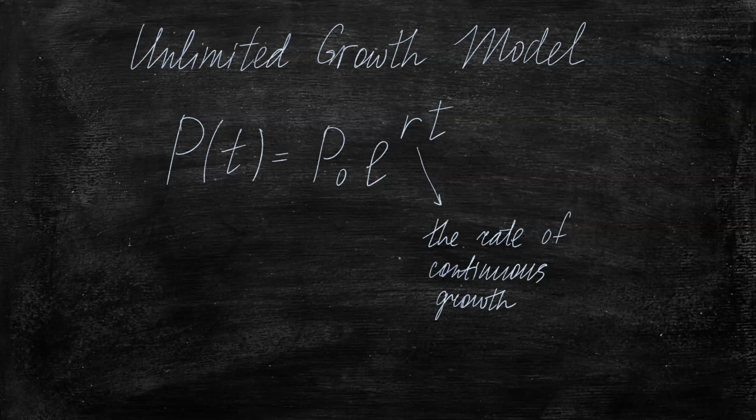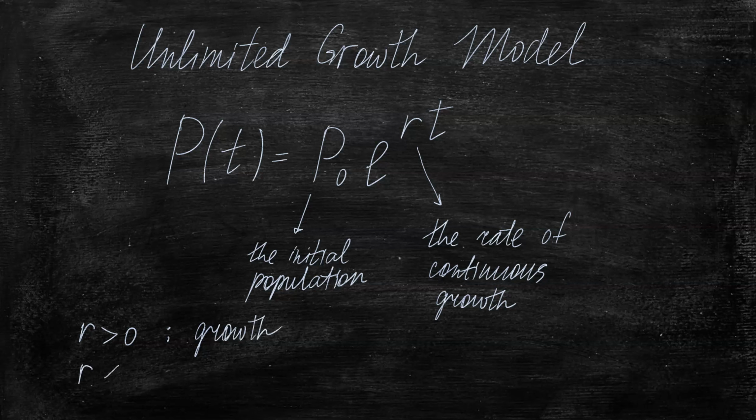So here we have the rate of continuous growth, and P0 is the initial population. So initial here refers to t equals 0. And when r, the rate of continuous growth, is positive, then we do have actual growth.